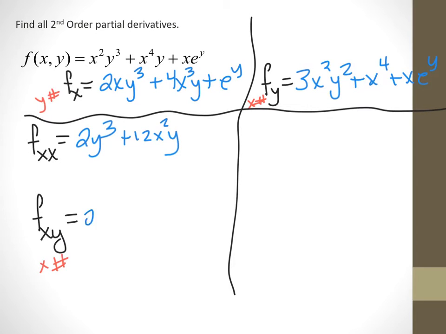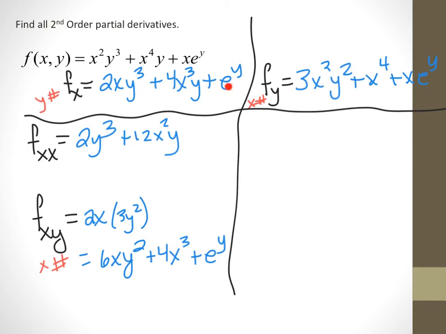And so let's just write that. The derivative of y cubed is 3y squared. Let's go ahead and simplify that while we're at this term. Then for the next term, with respect to y, the x's are a number, so any number times y, the derivative of any number times y, is going to be just that number, so we get 4x cubed. And then the derivative of e to the y with respect to y is just e to the y, and we're done.